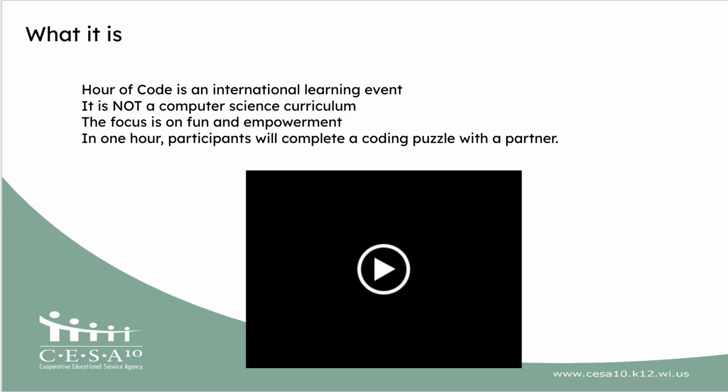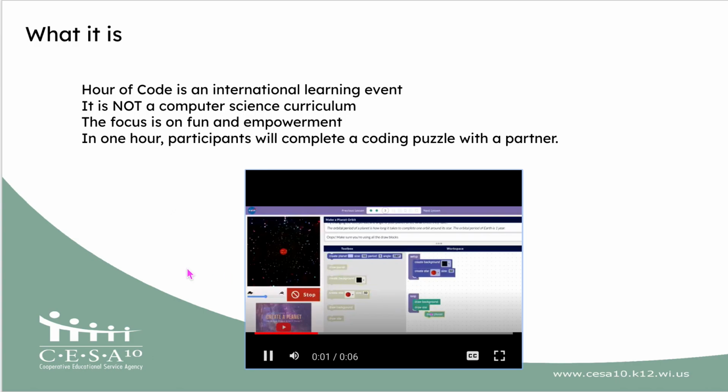During this Hour of Code, all the participants will complete a coding puzzle with a partner. I took a screen recording of myself working on an hour of code. The kids get a prompt that asks them to do one step of the puzzle, and their progress is tracked in some little bubbles up here, and they're using block coding, where there are some choices of things to choose from.